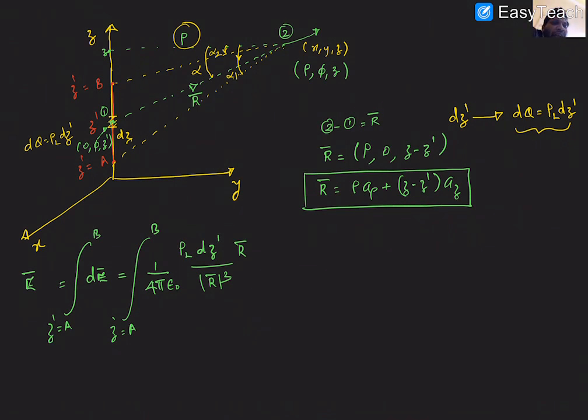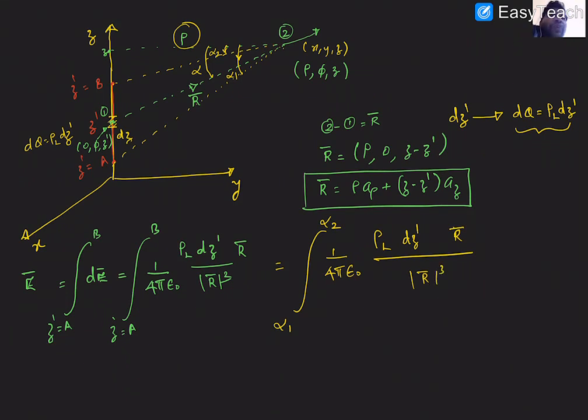So my integration now changes like alpha 1 to alpha 2, okay, 1 over 4 pi epsilon 0 rho l into dz dash into vector r divided by the magnitude of vector r, the whole cube.